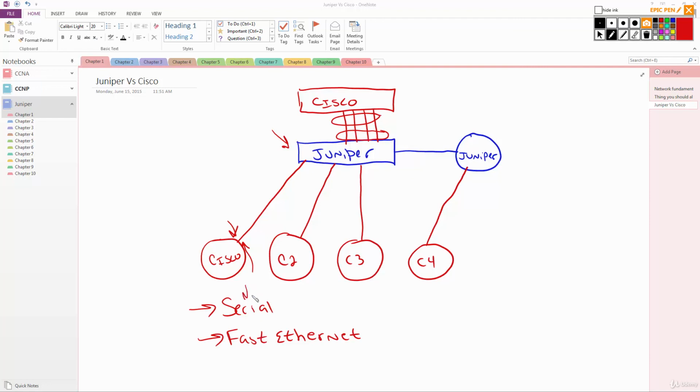Go into the serial interface, put an IP address, subnet mask, do a no shut, I'm good to go. Juniper doesn't work that way because the physical interface that's sitting here, we don't make the configurations on that interface itself. We make them on sub-interfaces, which are called units, which you're going to find out. So when we go and make an IP address change, it's not as simple as just going in here and making a change as it is with a Cisco device.